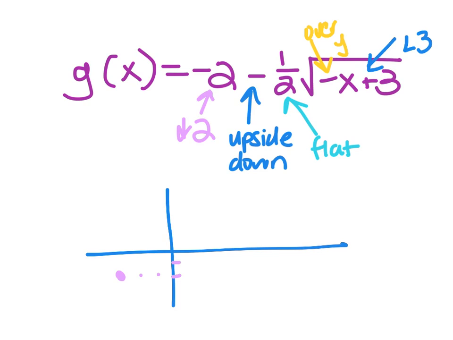And then the upside down would mean it would be pointing down and be flat. So I've done everything except for the shift over the y. Everybody with me so far? Now if I shift that over the y, I'm now going 1, 2, 3. My point is here, and it's pointing this way.